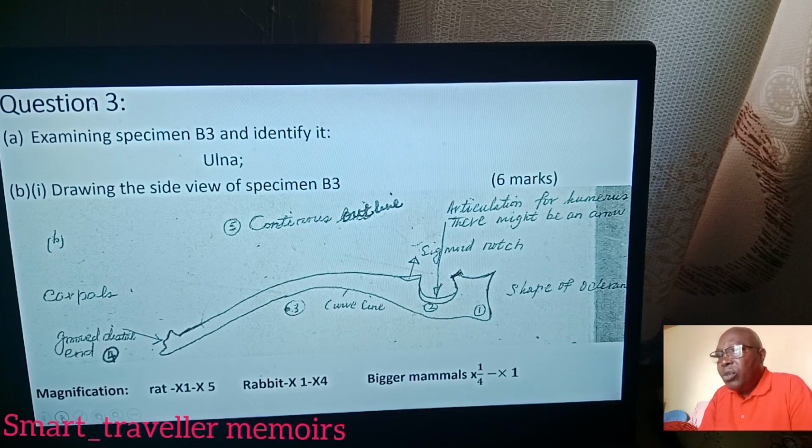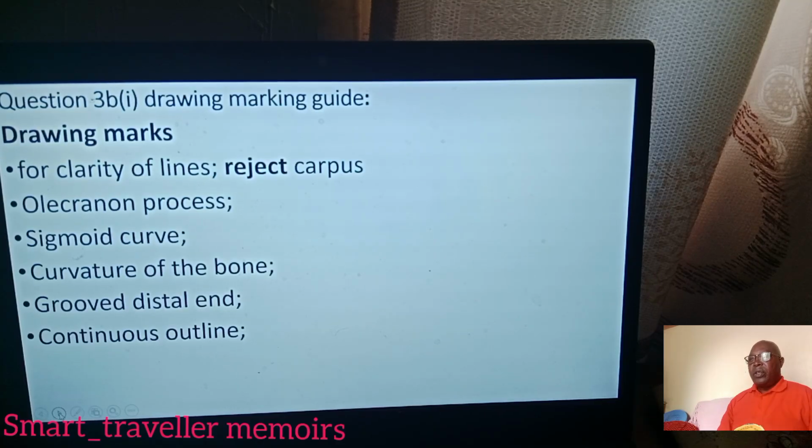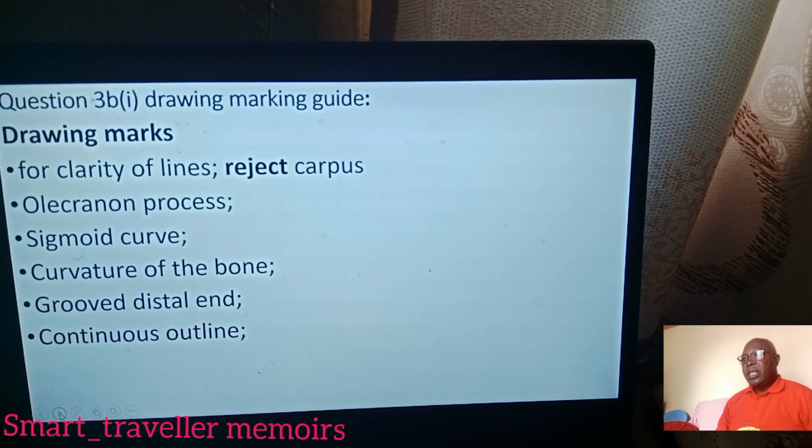Magnification, if it was a rat, ulna was from 1 to 5. For a rabbit, it was 1 to 4. And for bigger animals, it was from 1/4 to 1 magnification. So the marking guide for the drawing of an ulna, you have drawing marks for clarity of lines, but you reject carpus.